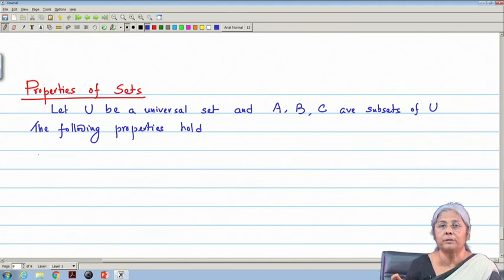And any of these properties we can write as a theorem, since we can prove these properties also.